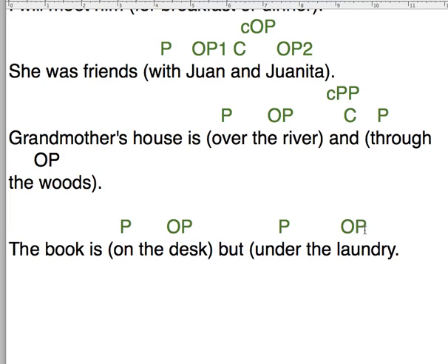The laundry. There's two, once again, two prepositional phrases, right? Stuck together with that connector, but. And so take this all together. This is going to be a compound prepositional phrase. And that's going to stretch from here all the way to the end of the sentence. And so there it is.